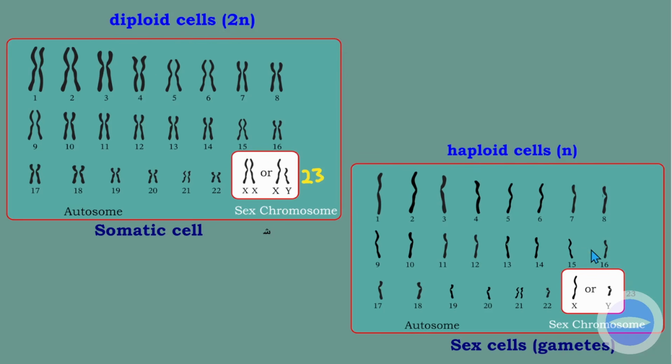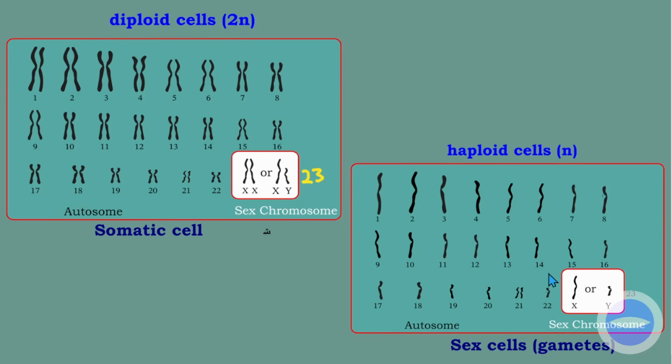If this haploid cell contains X and it's from a male, then when it fuses with an ovum, the zygote that is going to be produced will be a female.